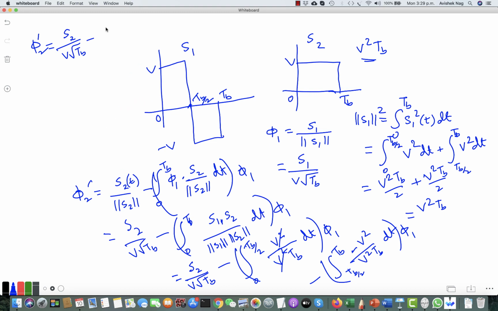So minus phi 1 by 2, and the second integral is again this v square cancels, so this is minus 1 over TB, and this is actually minus half, and then minus half becomes plus half because we have another minus sign here.